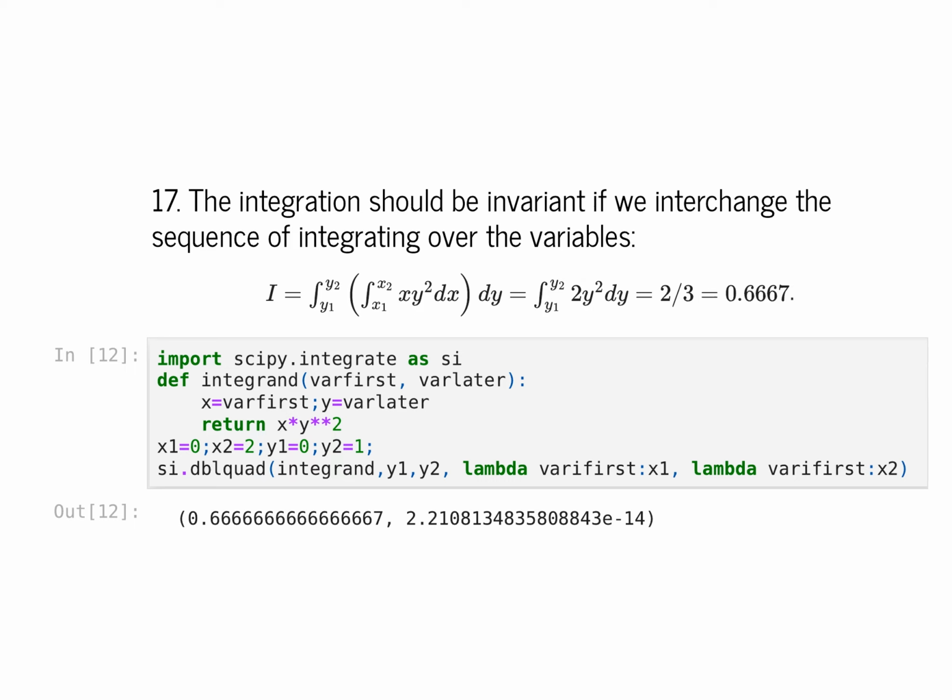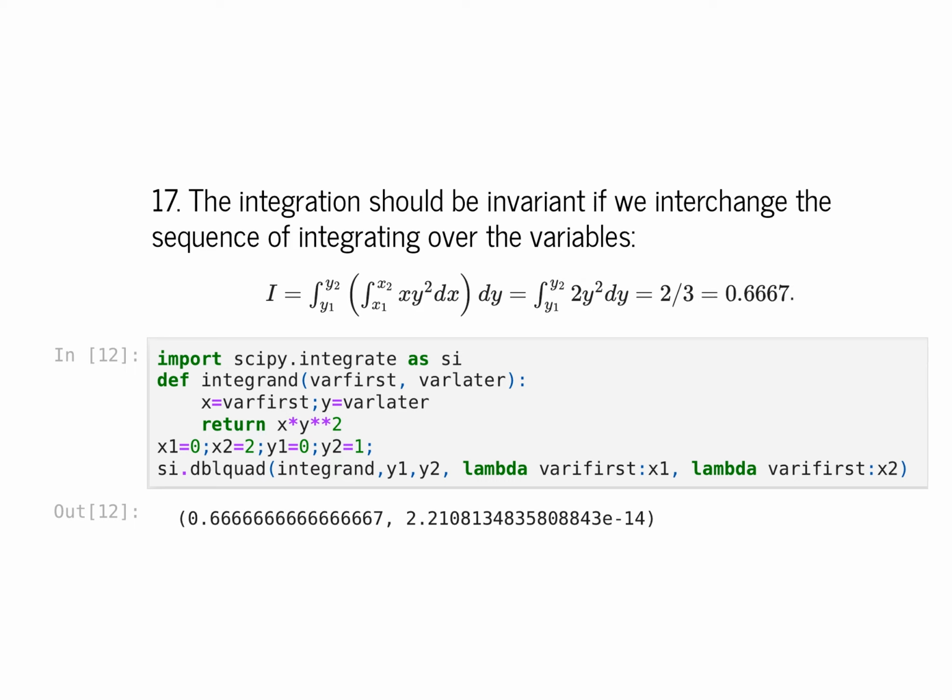Let us verify this for our previous example of integrating x times y squared. This time, we will choose to integrate with respect to x first over its range from 0 to 2, and then integrate the result with respect to y over its range from 0 to 1.